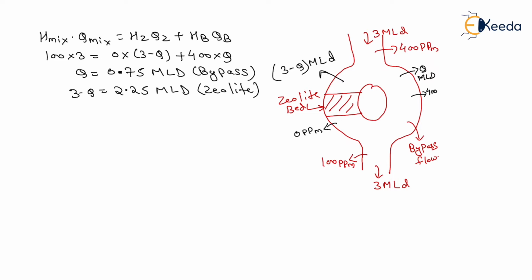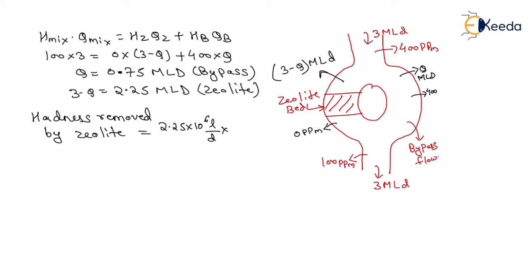Now if we want to calculate the hardness removed by zeolite, how much water is flowing over the zeolite bed? It is 2.25 MLD, so we write it as 2.25 into 10 to the power 6 liters per day.